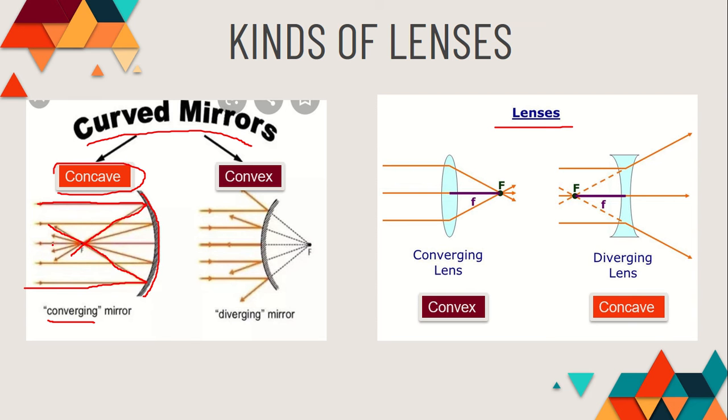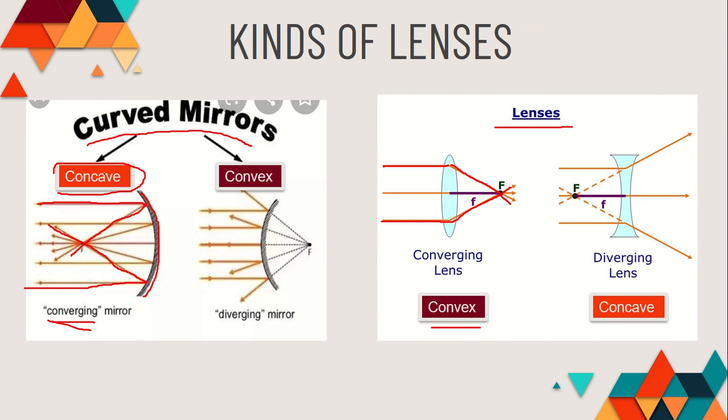Ito yung ating center of curvature. Kung mapapansin nyo, nagkakaroon ng image dito kasi nagko-converge. Pero punta tayo sa lenses, pag ang definition natin ng converge ay convex. Dito magpa-pass through kay lens, tapos dito naman siya kay focal point. This one, papass through, ang converging niya na kay focal point.